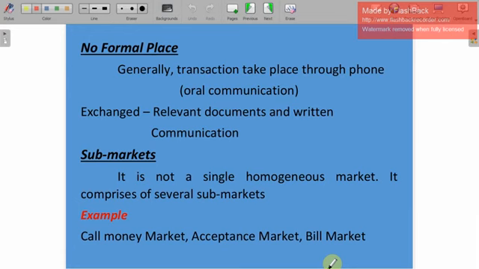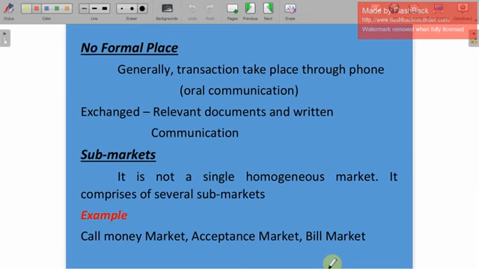And submarkets. It's not a single homogeneous market. Homogeneous means the same kind. It comprises several submarkets: call money market, acceptance market, and bill market.